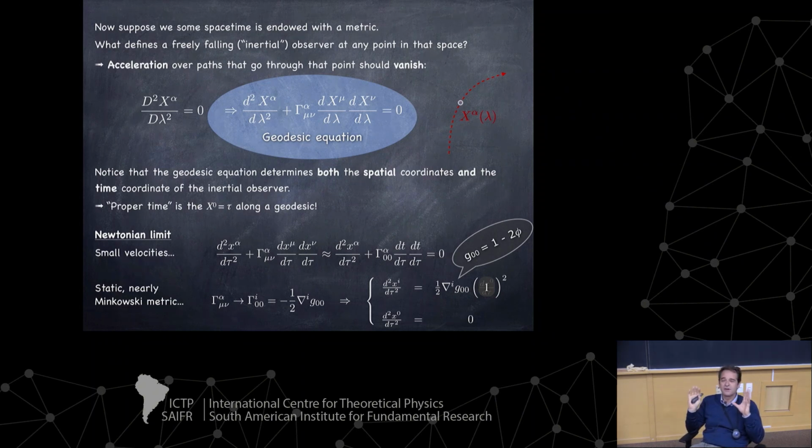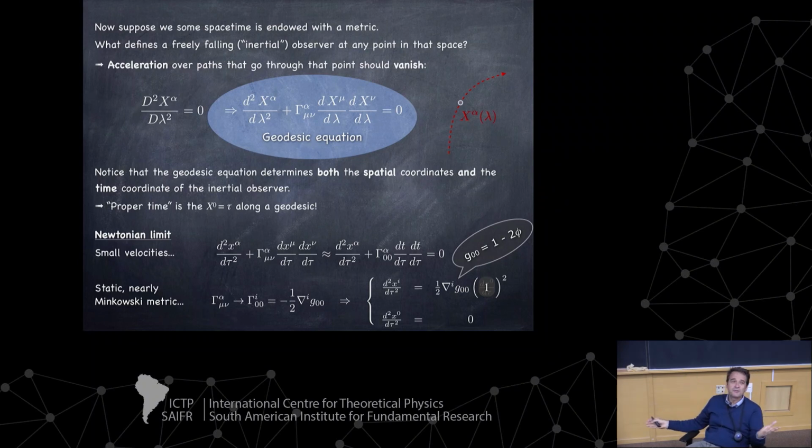So G00 plays a very important role in any kind of game that you play with these generally covariant theories. If you write G00 as basically the Minkowski value 1 and then perturb by a small amount phi, which is very small, then of course phi we will eventually turn into the Newtonian potential.